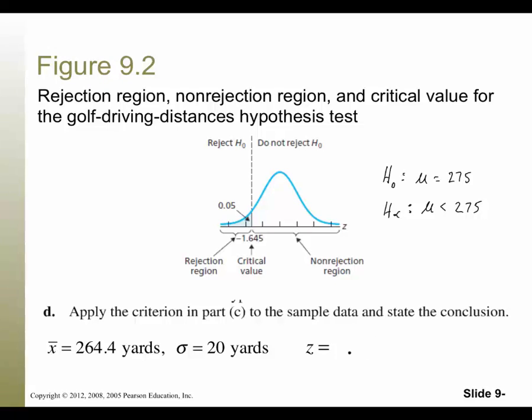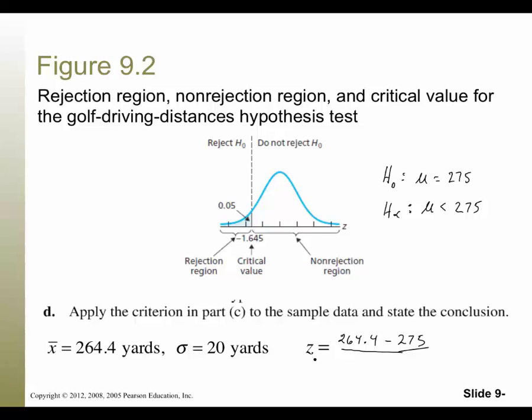So how do we set this up? Remember, our z-score is how far away we are from the mean, normalized into a number of standard deviations. So how far are we from the hypothesized value? We'll do 264.4 minus 275. That's how many yards his sample average was below the average he claims.